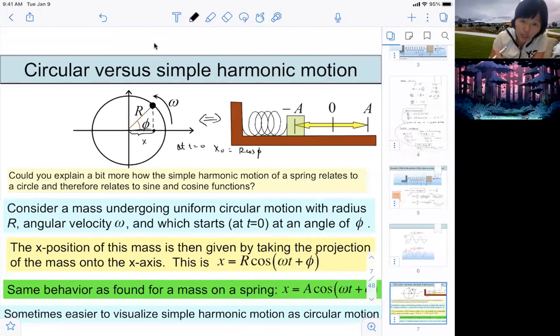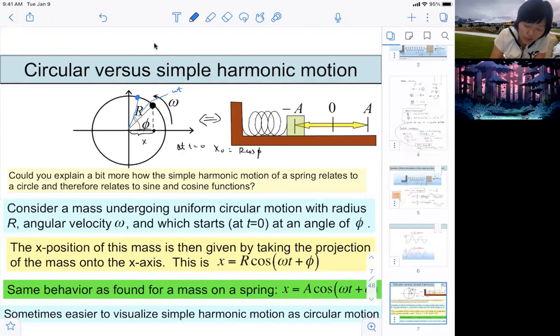Now, after some time has passed, the angular displacement of the mass would be omega t, because omega is angular velocity. Angular velocity times time is your angular position, how many degrees you have swept through. So the angle increases by omega t.